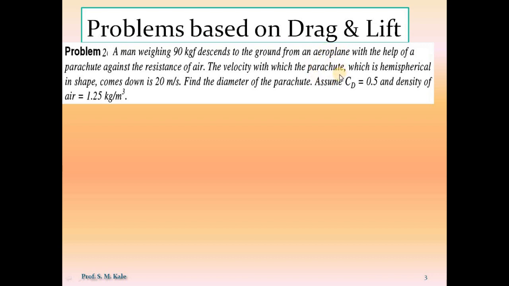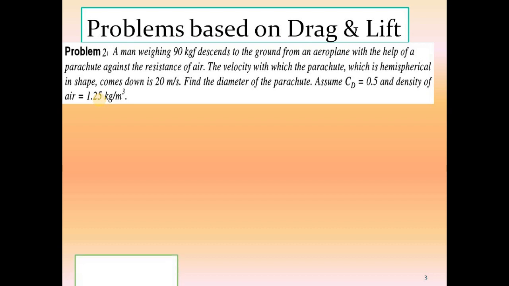Whatever parachute he is using, the shape of the parachute is hemispherical, and he comes down towards the ground surface with a velocity equal to 20 meter per second. So in that case, we have to find out the diameter of the parachute. We have to assume that CD is equal to 0.5 and density of air is equal to 1.25 kg per meter cube.